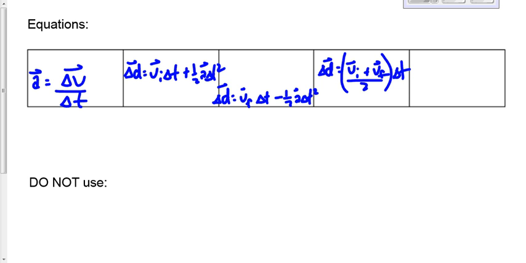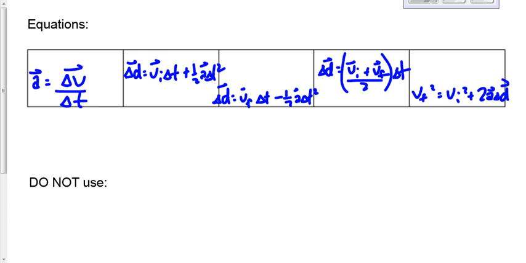How about this one? vf squared is equal to vi squared plus 2ad. Holy cow, are you kidding me? We go from one equation, v equals delta d over delta t, to 6 equations almost instantly.